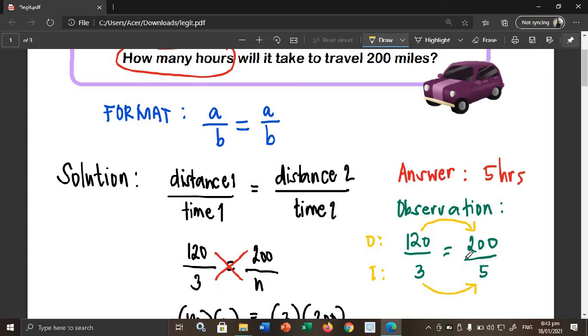So that is how you solve problems regarding direct variation.